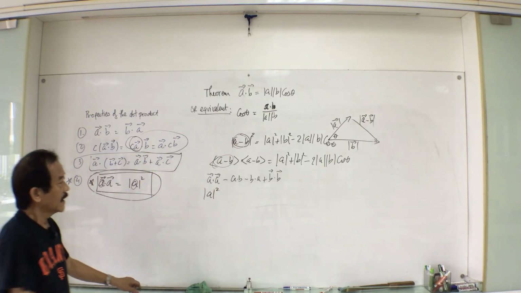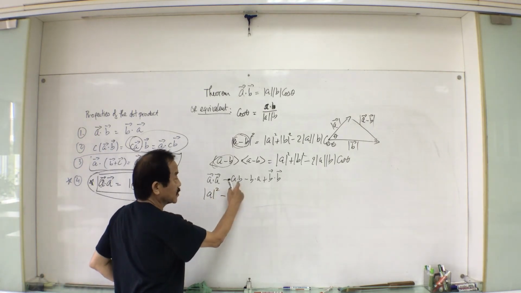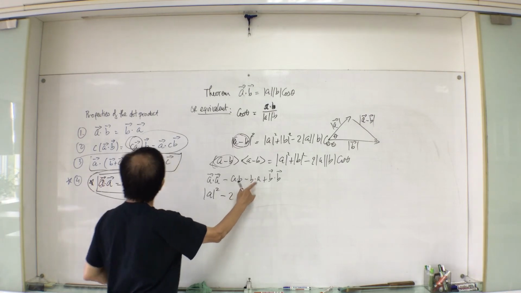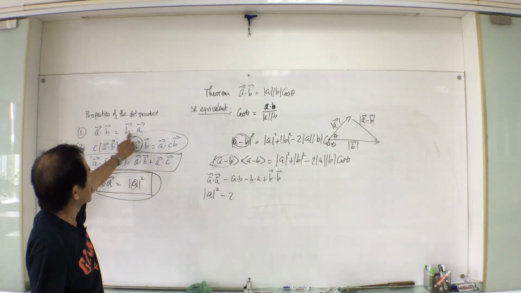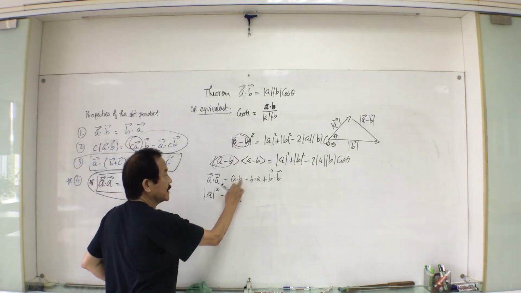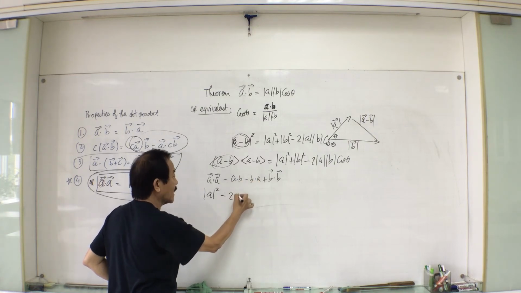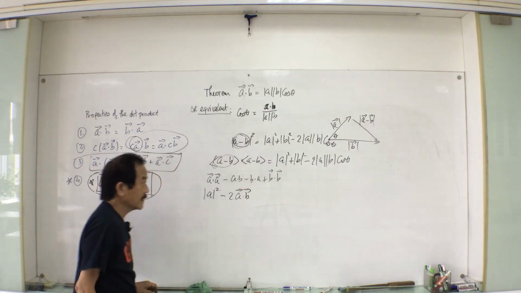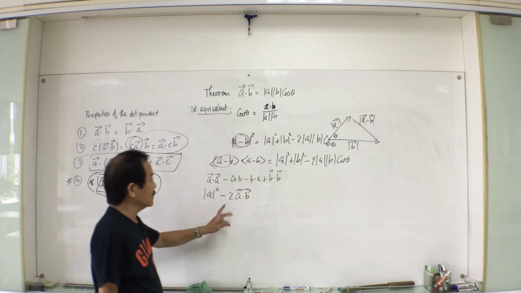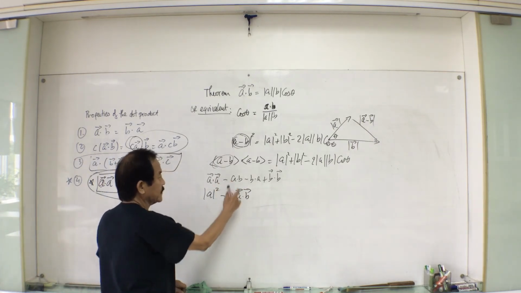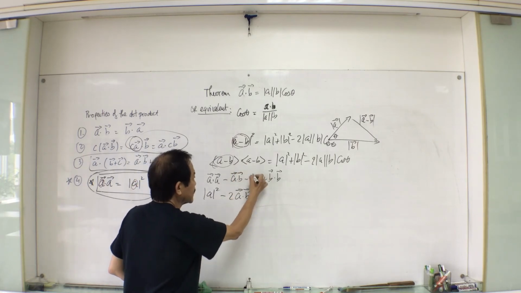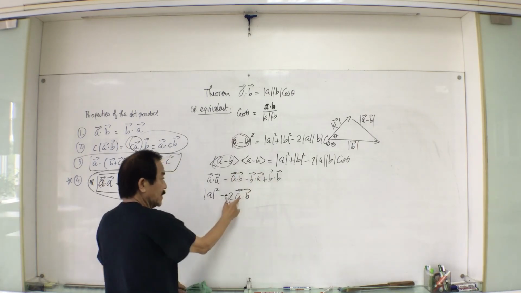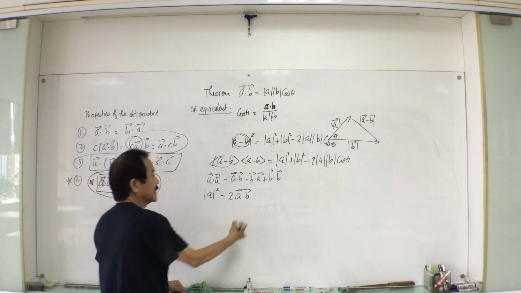And this one you have minus 2 times A dot B, because we already said A dot B equal B dot A, therefore you have 2 times A dot B. This is vector A dot vector B, but later on this turns out to be a number.